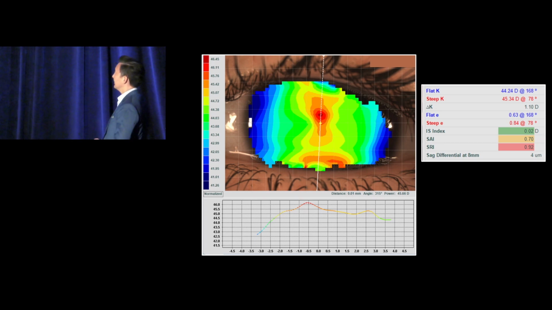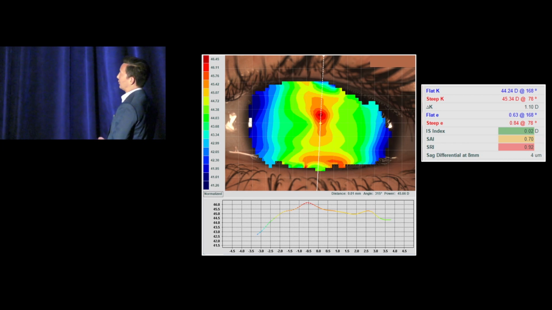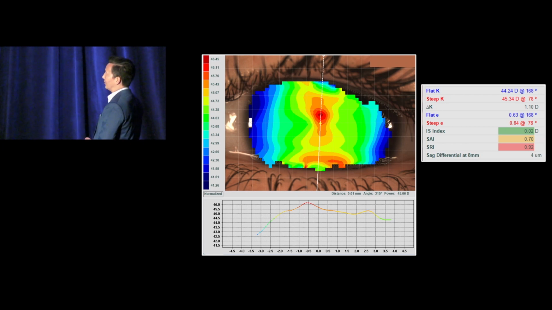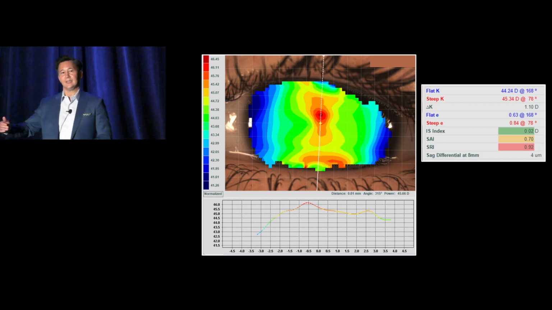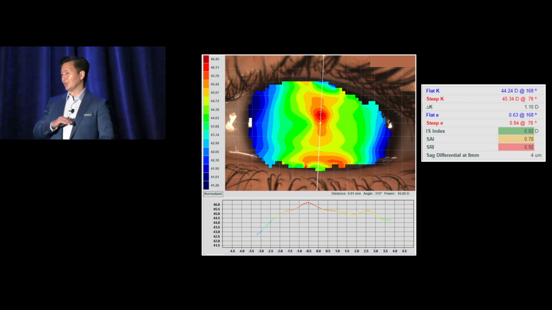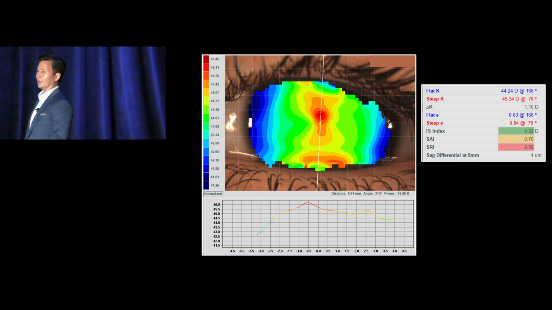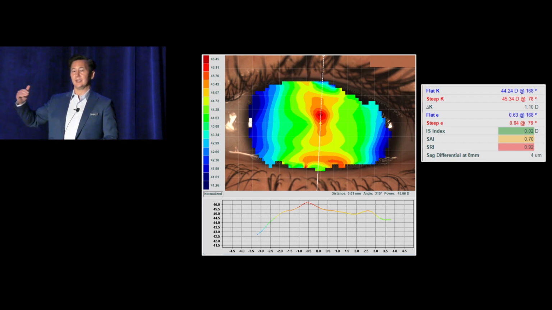And this eye has a 0.63, so normal, but what isn't normal is the eccentricity of the steep is higher than the eccentricity of the flat. That just never happens, or it rarely happens, that your steep eccentricity is a higher E-value than your flat. So right off the bat, that tells me something's wrong.